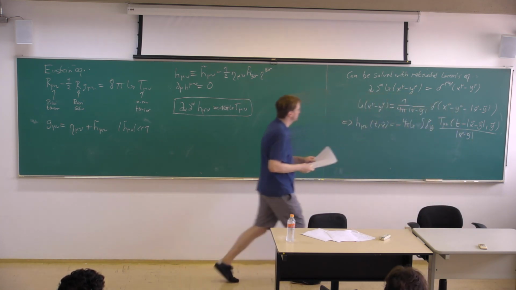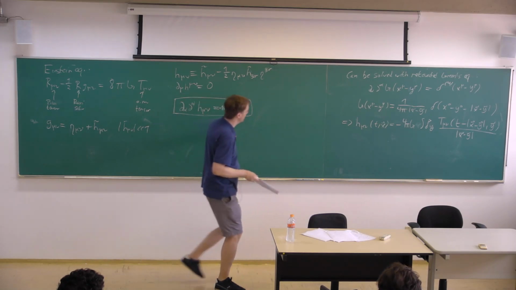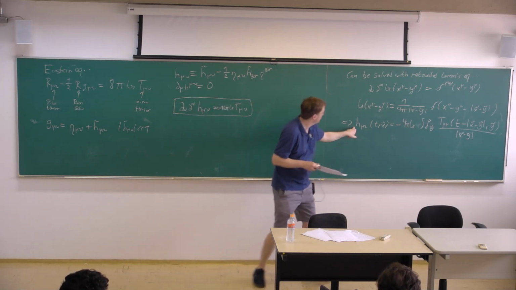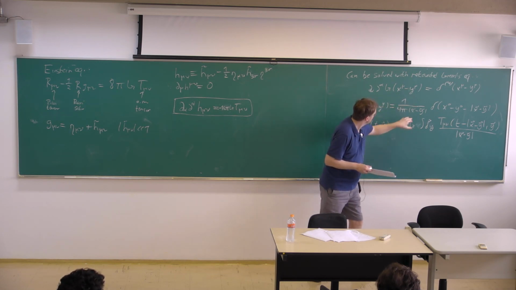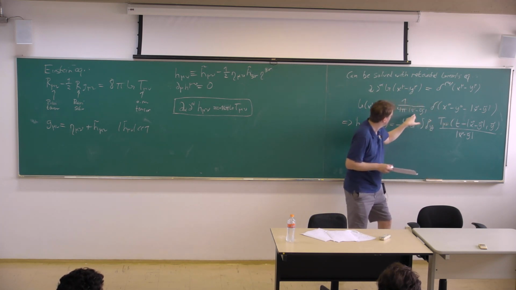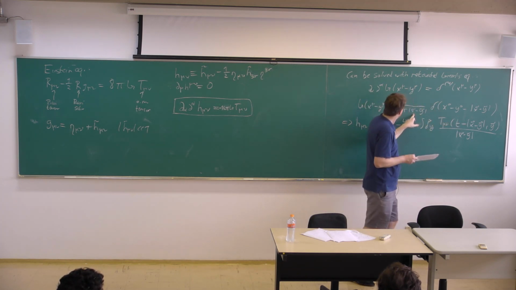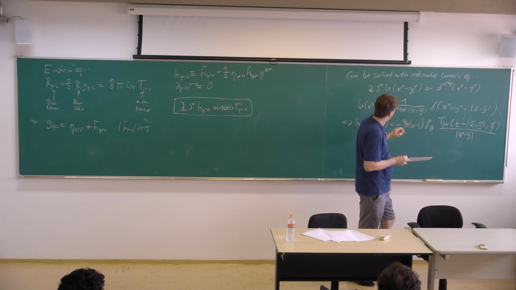Okay? So, if you act with this on this, then this equation tells you that on the right-hand side you get this expression here, right? Then you have to integrate.